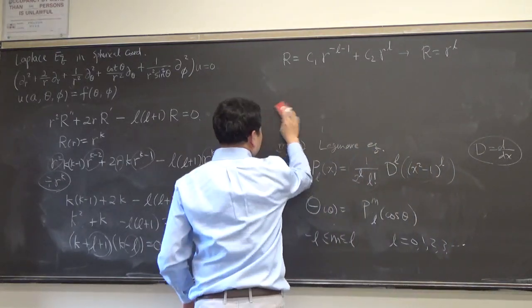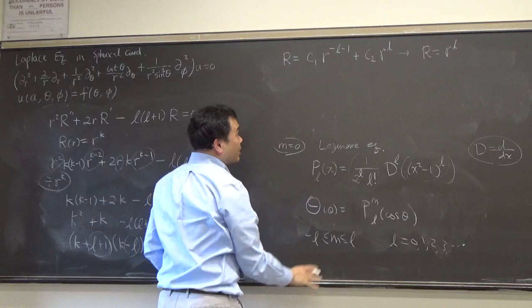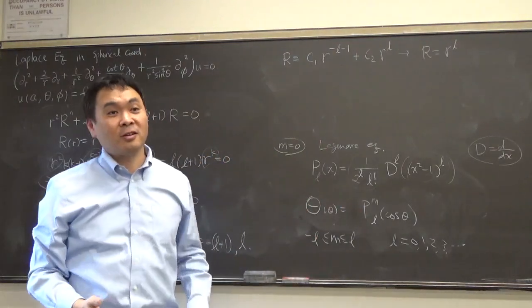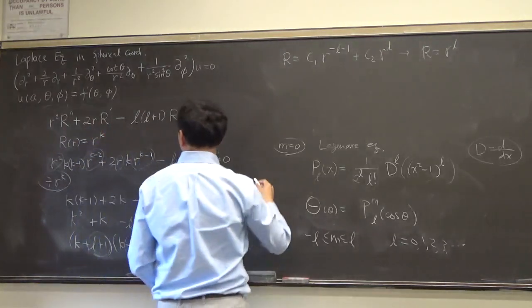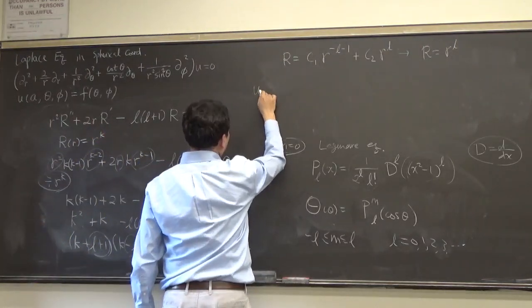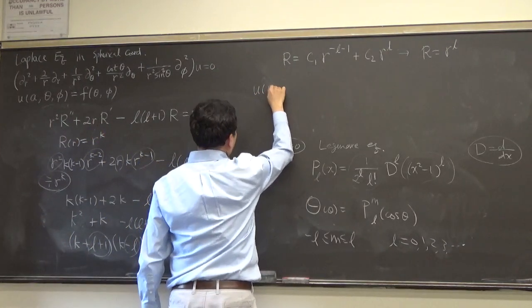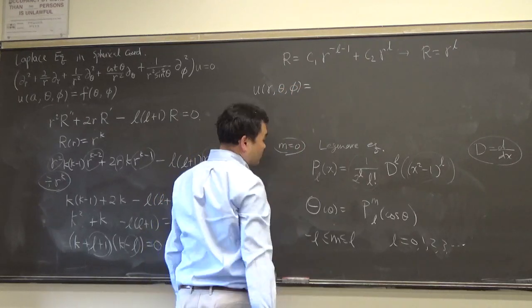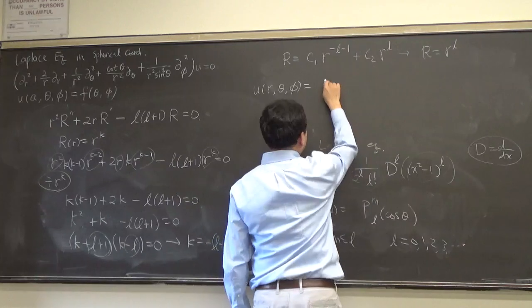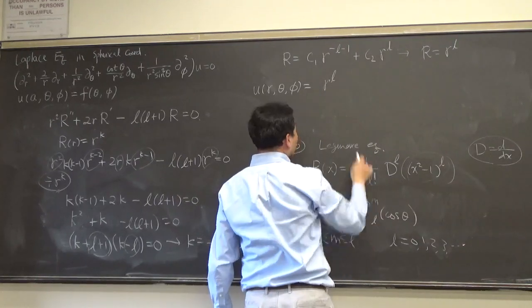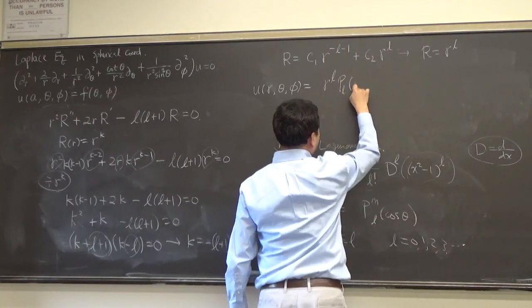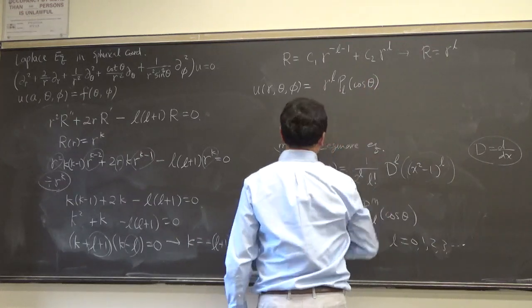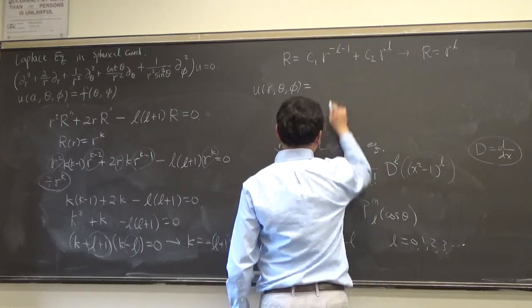Okay, so that's good because we have the r, we have theta, we have the phi, and therefore we can write down the general solution now. U of r, theta, phi must equal this building block. Oh, I should write this as a big sum, sorry.